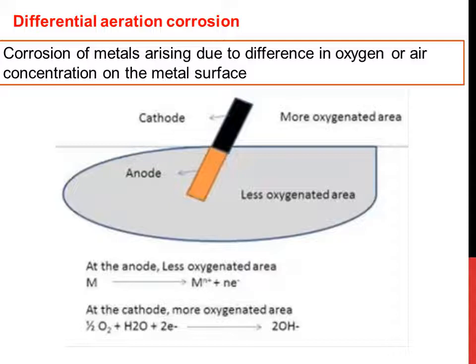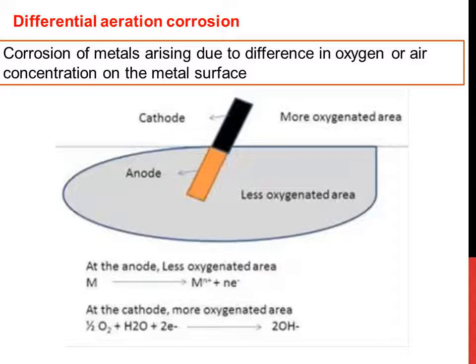Here the part of the metal exposed to higher oxygen concentration acts as the cathodic region. You can see in the diagram that the more oxygenated area is represented as cathode and the less oxygenated area is represented as anode. The metal exposed to lower oxygen concentration readily undergoes oxidation.